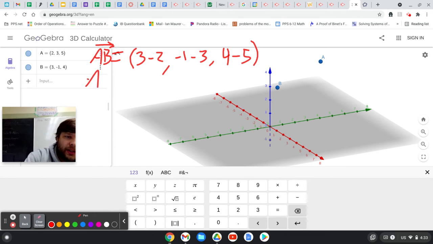So our direction vector then is going to be, it went one step higher in the x, it went 4 steps lower in the y, and it went 1 step lower in the z.